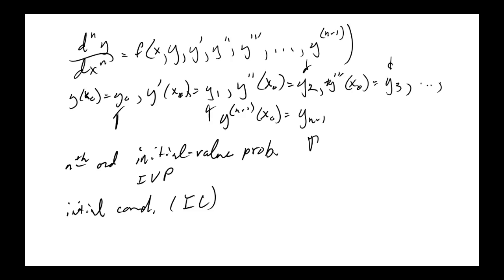Because if you had an nth order differential equation, you'd need a C1, a C2, a C3, a C4, up to C sub n. Those are your n parameters. And you then plug in these values to get what those C's are.